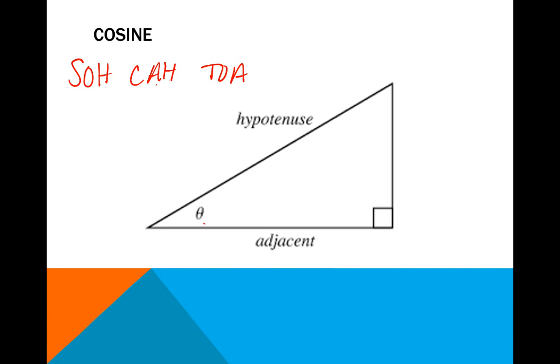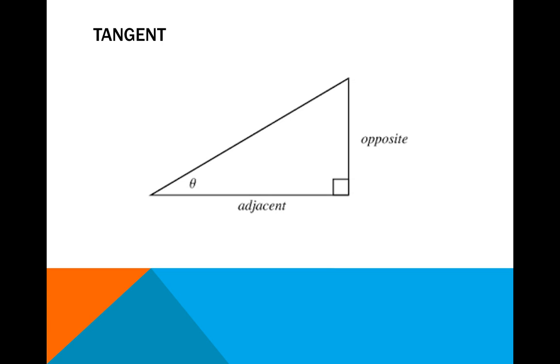So again, here's your theta, your angle. Adjacent means touching or next to, and then again, hypotenuse is the longest side. And then the tangent is opposite over adjacent for the TOA part of SOHCAHTOA. I think I said opposite over hypotenuse, so opposite over adjacent.